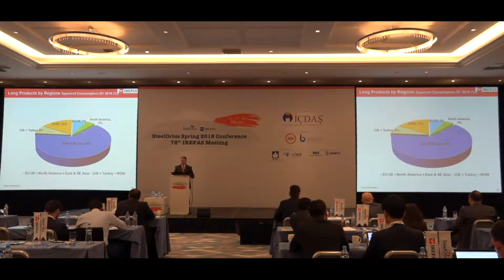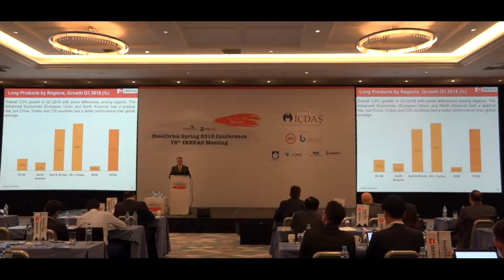So the picture of long products consumption is East and Southeast Asia 65%, this plus Turkey 8%, rest of the world 16%, and the European Union and North America have a small weight of 7% and 5% respectively.